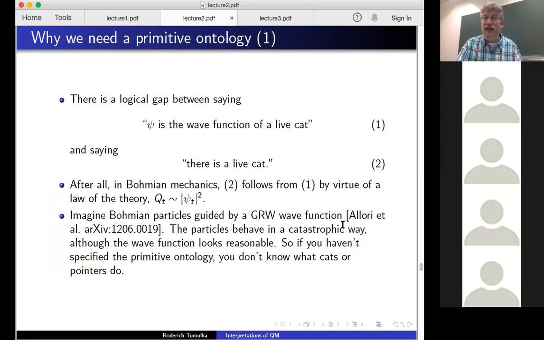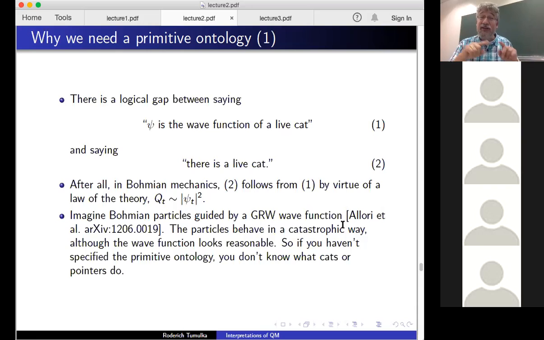Usually, when you say there's a live cat, you mean that in 3 dimensions, there's a physical thing that is a live cat. For example, in Bohmian mechanics, statement 2 follows from statement 1 by virtue of a law of the theory, which says that the actual configuration is psi-square distributed.